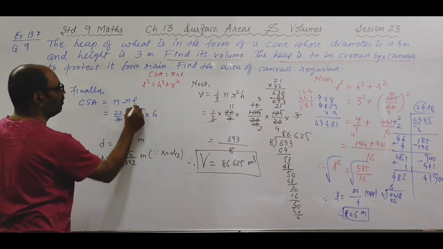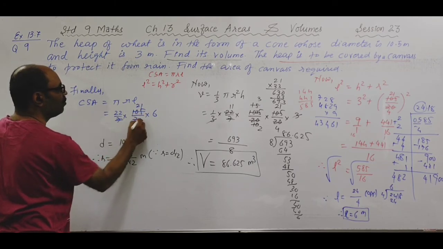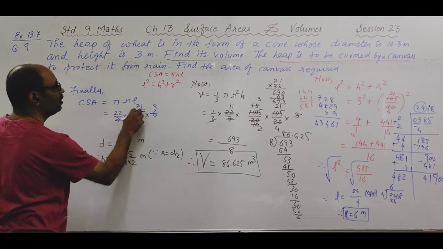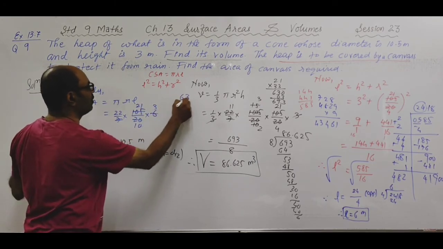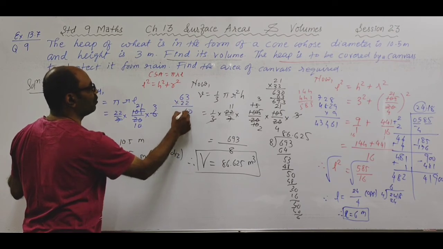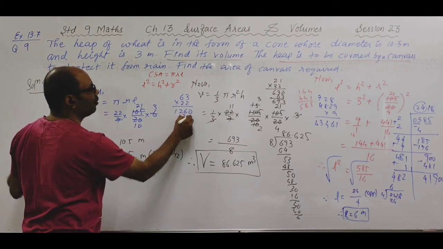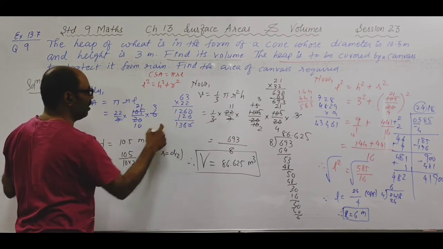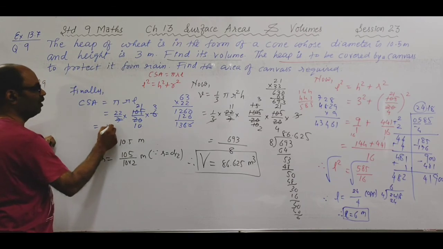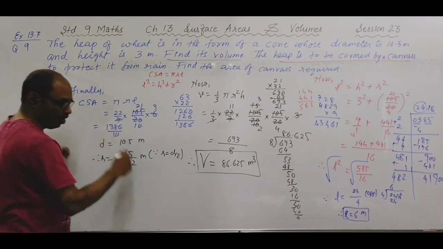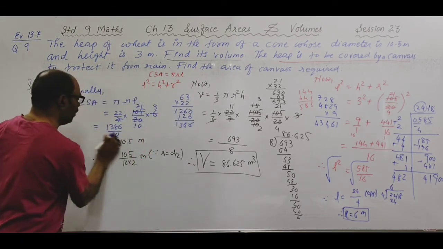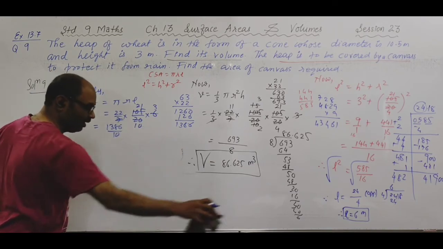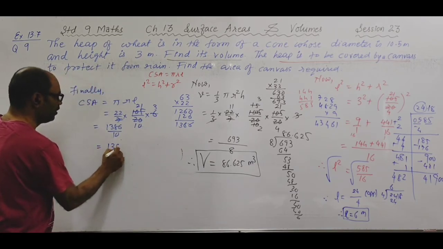6. 7 1s are 7, 21s are 2 10s are 2 3s are. Take this, that is 63 multiplied by 22, 0 6 12 1 2 6 6 8 3 1, upon 10, 1 3 8 6 upon 10. So that will give me 138.6.